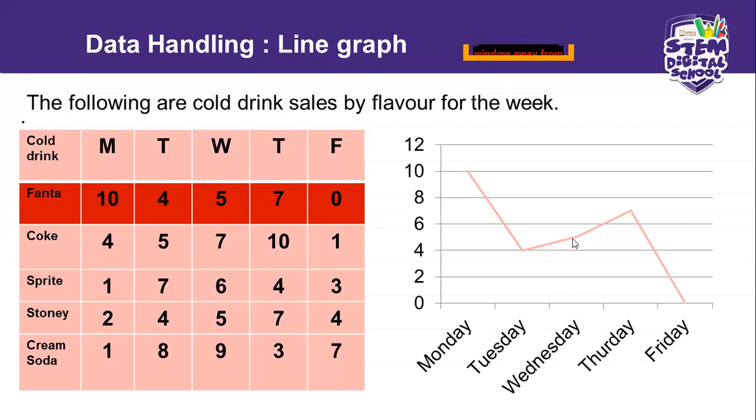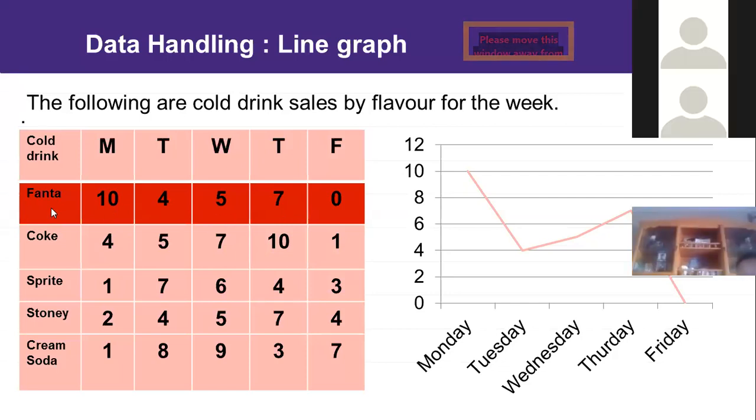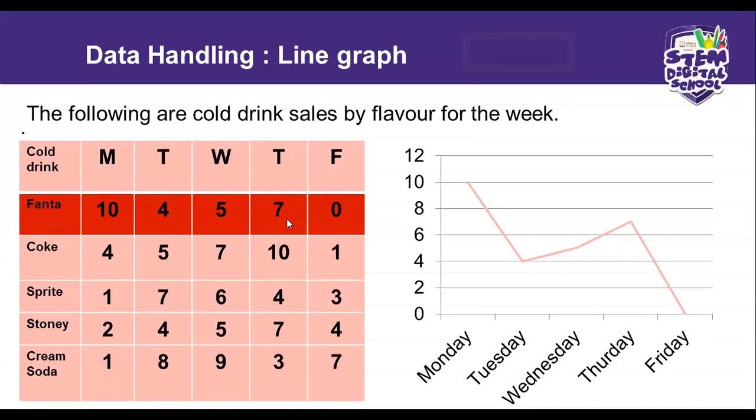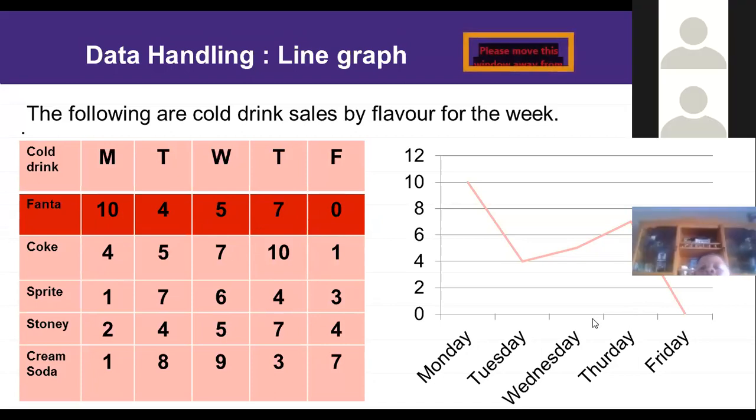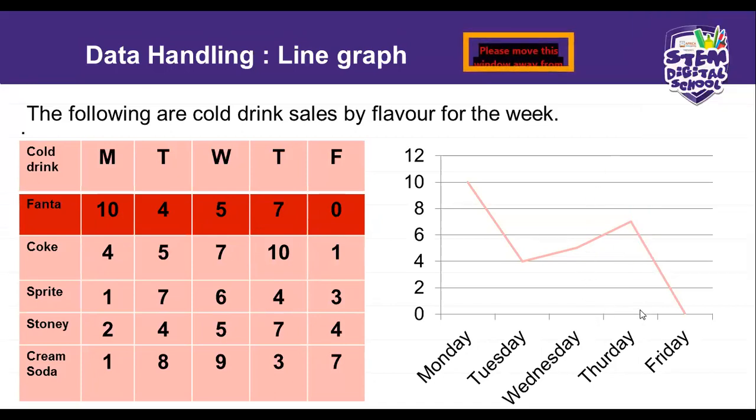And then I go to Thursday. Thursday, how many were sold? 7 were sold on Thursday. I go to my graph, there's my Thursday, and how many were sold? 7. Then I go to Thursday, 2, no. 4, no. 6, no. 7, yes, 7 were sold.